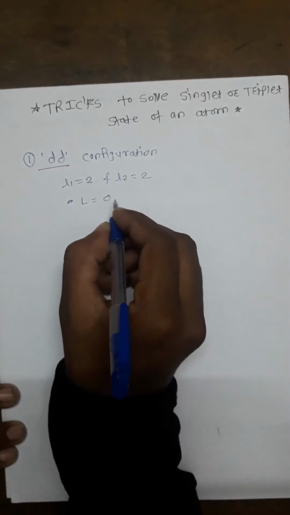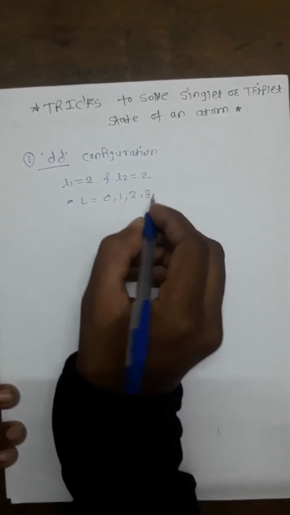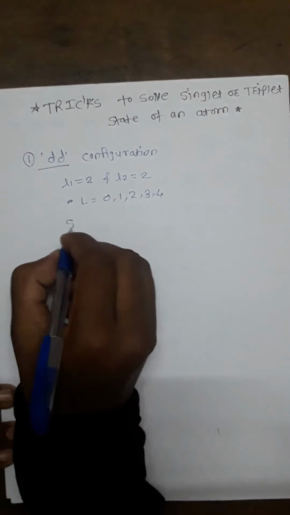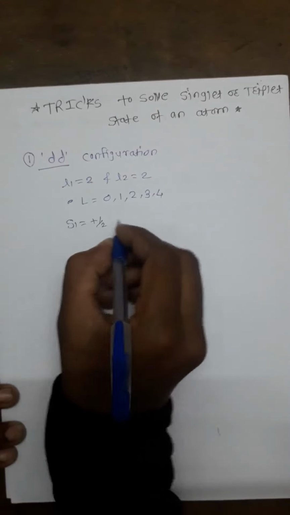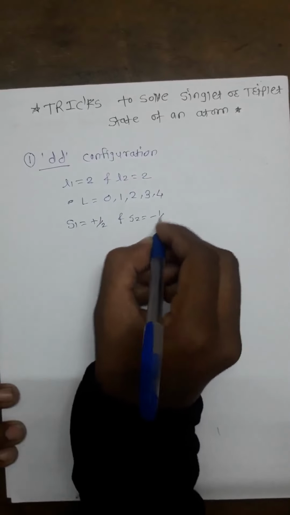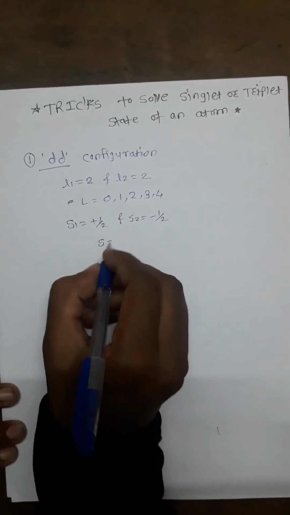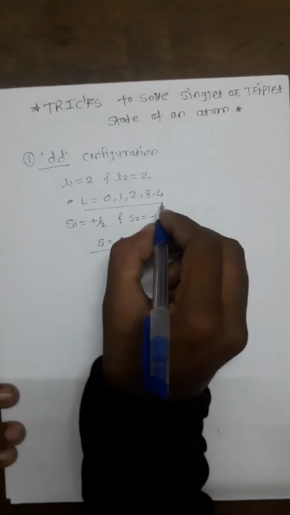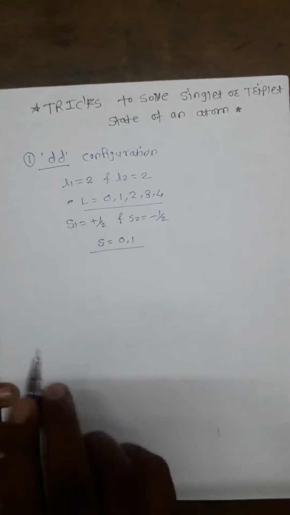Therefore the value of L is 0, 1, 2, 3 and 4. Now the value of S1 is equal to plus 1/2 and S2 is equal to minus 1/2. Therefore the value of S is equal to 0 and 1.